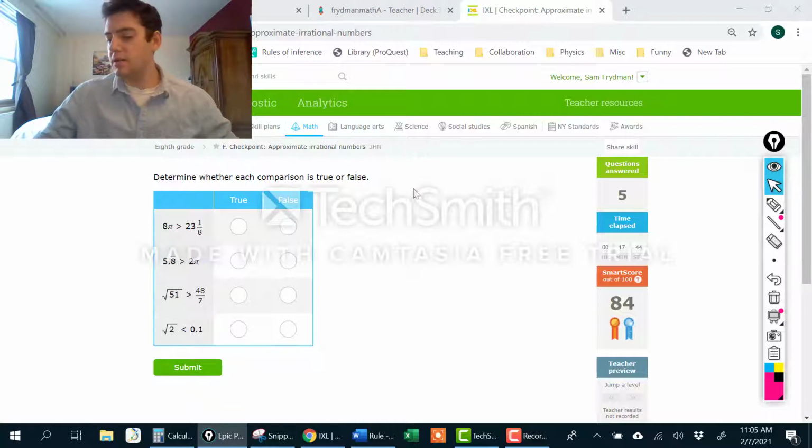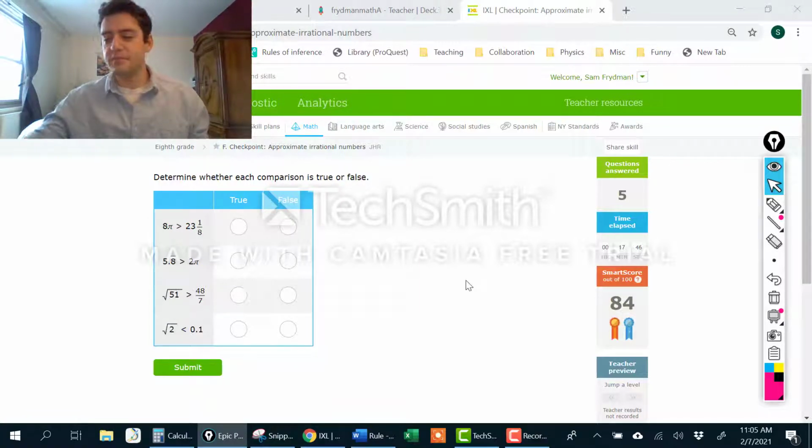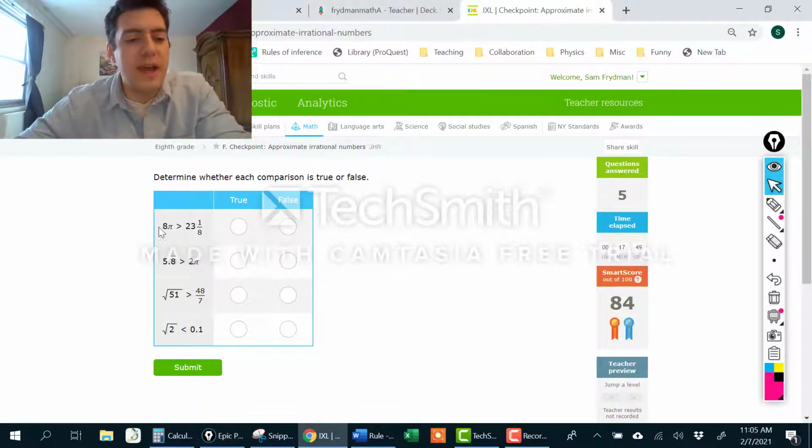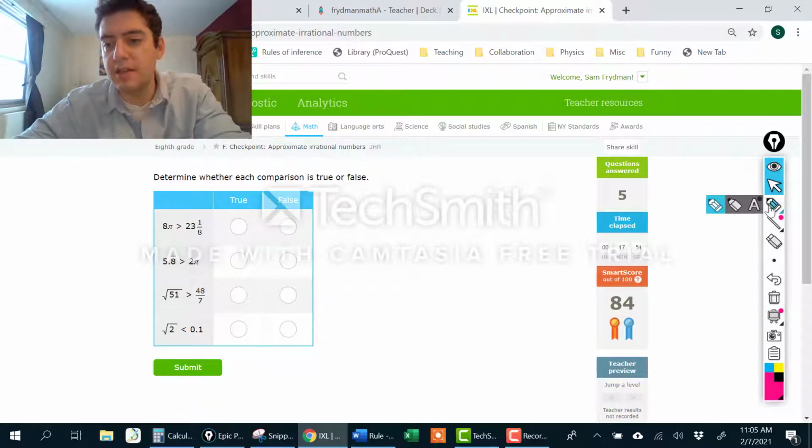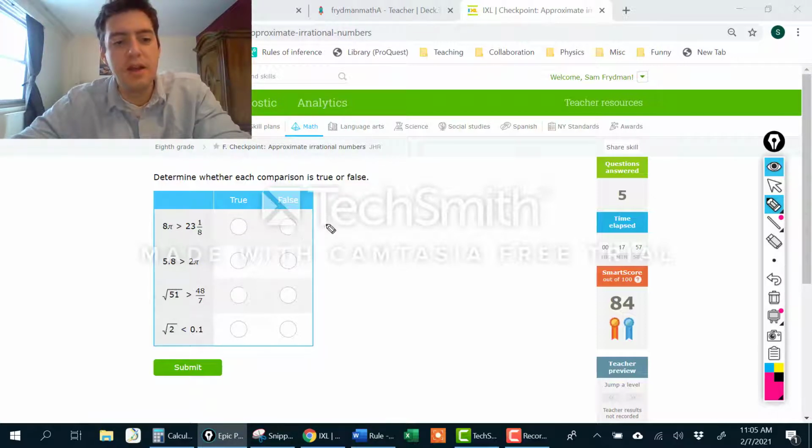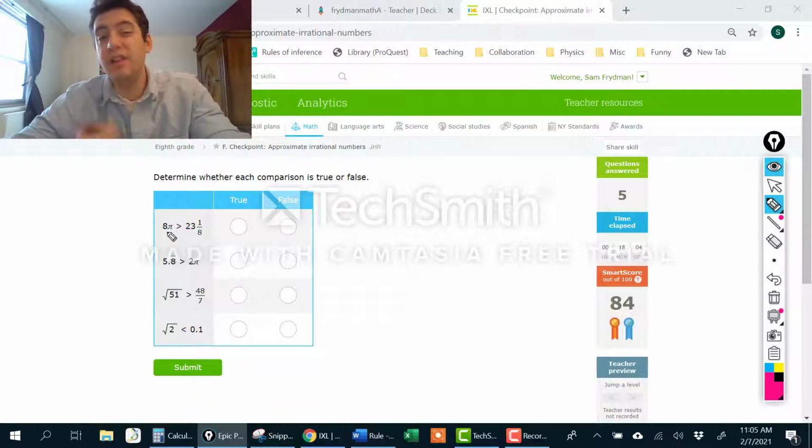All right, so we have another one like this. Determine whether each comparison is true or false. Okay, so 8 pi. I know that pi is about 3. 8 times 3 is 24. 8 pi is going to be a little bit more than 24 because pi is actually a little bit more than 3.